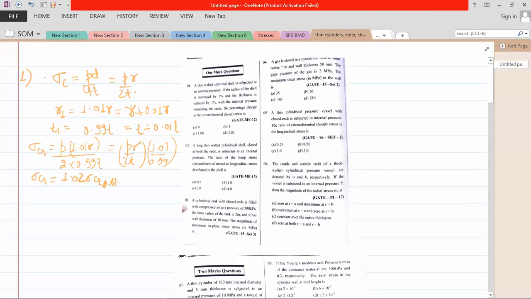They asked what the percentage change is. If I just subtract 1 from it, the change in the stress is around 2%. Just give me a sec, I'm seeing the answer.